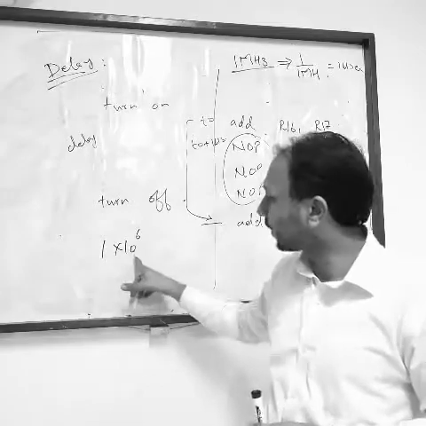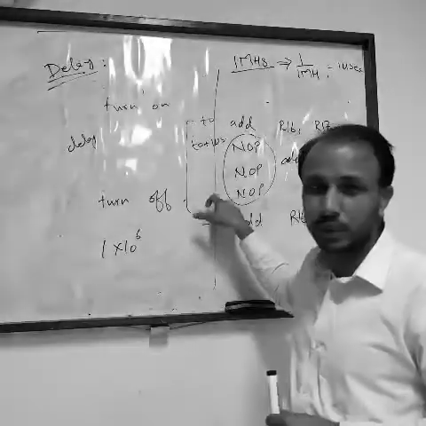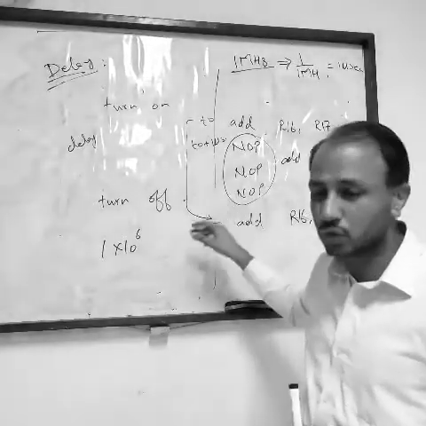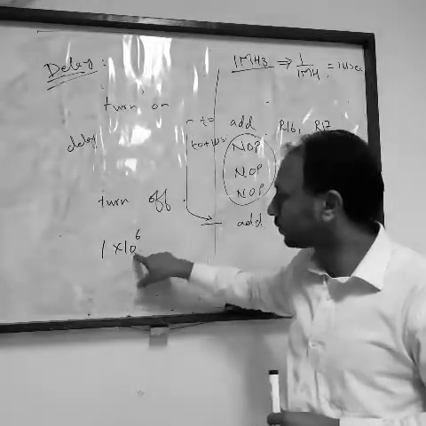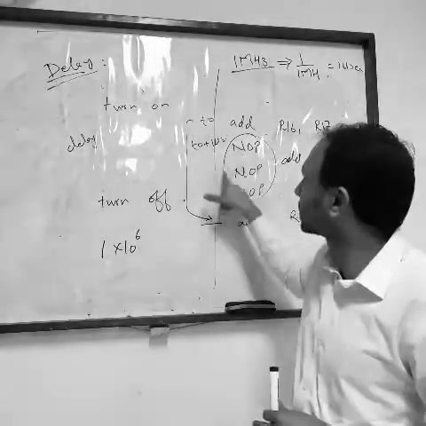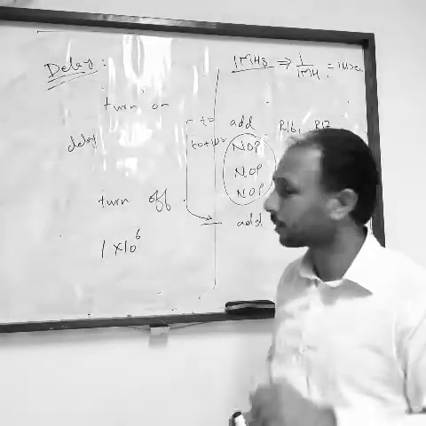NOP, NOP, NOP, no operation, no operation, no operation. So we need 10 raised to the power 6 instructions just to make a 1 second delay.